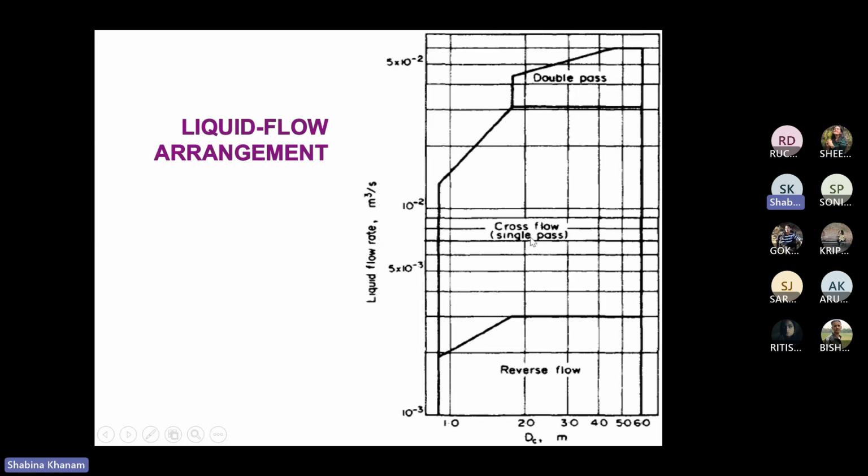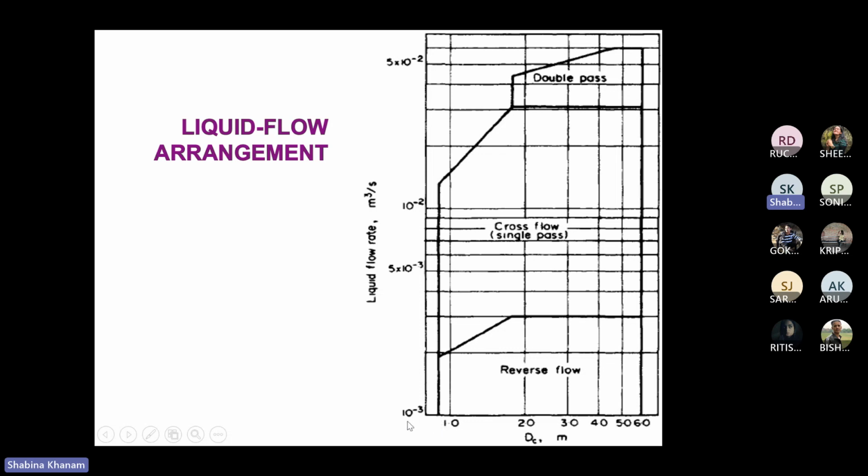Following these two, wherever it lies, let's say a 2 meter diameter, it may lie here or here, that would be the liquid flow pattern you need to consider. And if you see over here, that value has started at almost 0.5.